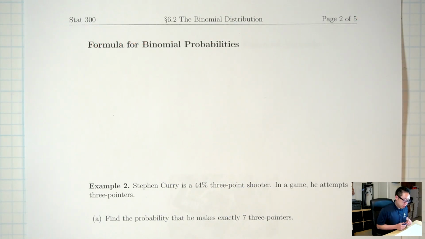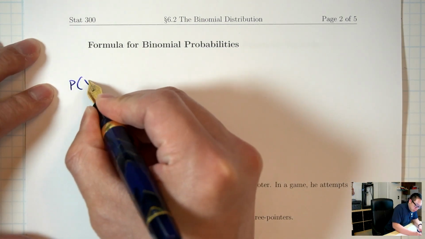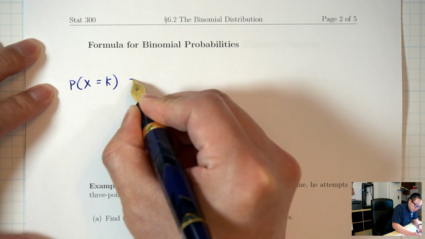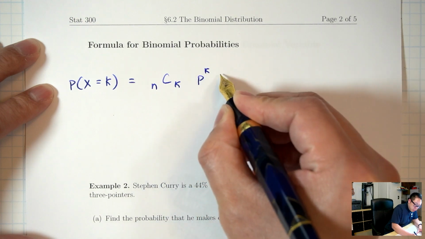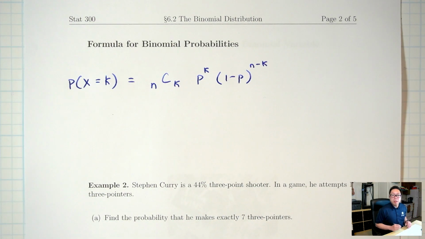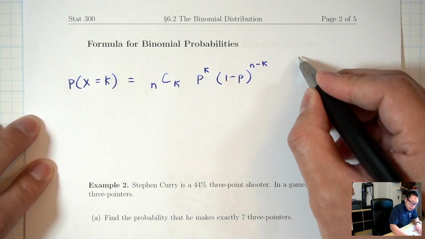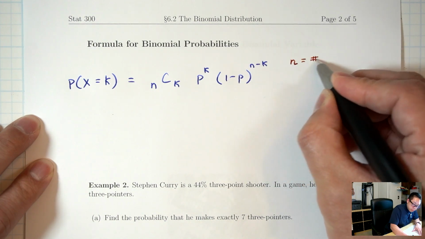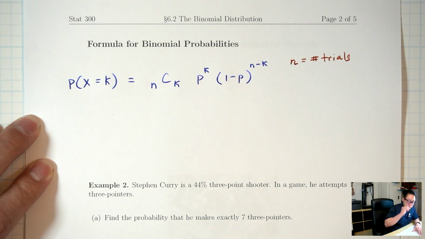There's a nice formula for finding binomial probabilities. Let me write out the formula and then we'll talk about how to use it. That's the formula. Let's talk about what these letters mean. N stands for the number of trials, the number of times you do the experiment.